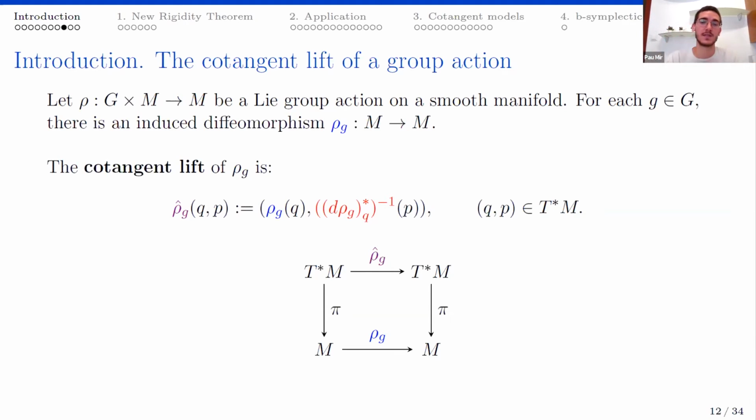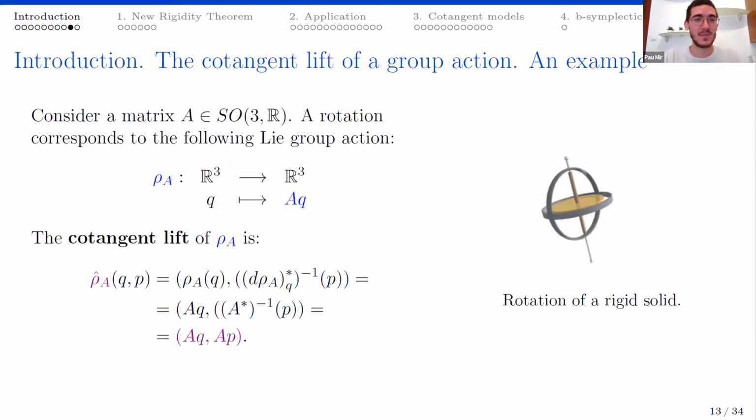So you gain this small improvement of not having to require compactness of the general manifold. An example of the cotangent lift of a group action is the cotangent lift of the rotation of a solid object.